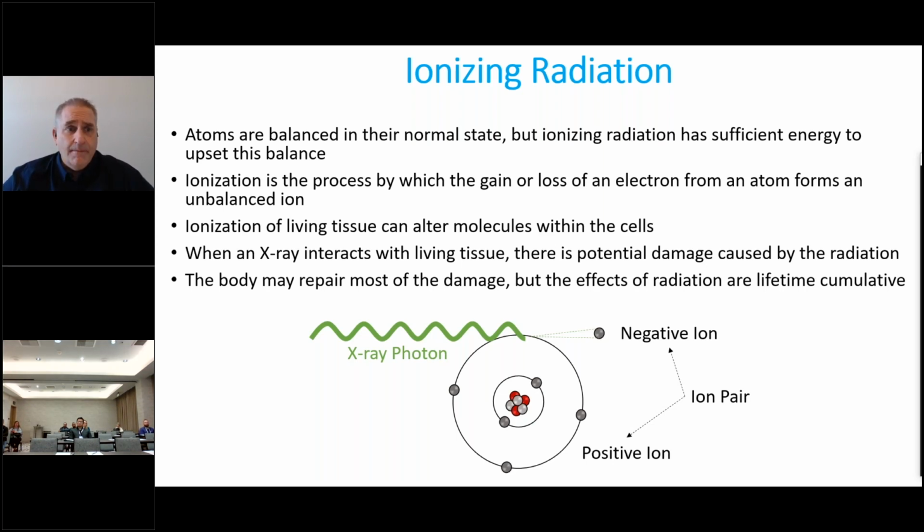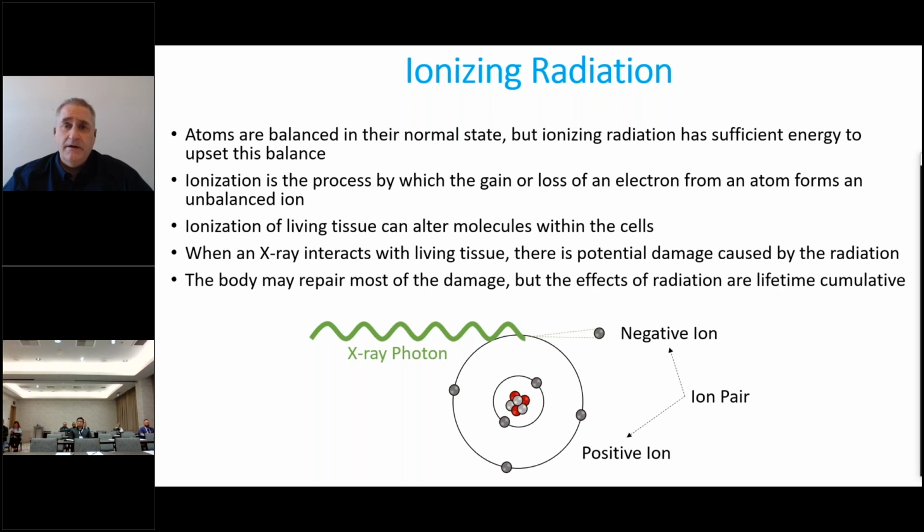And if we talk about it in the sense of what the picture shows, we have an X-ray photon. When we produce X-ray radiation, we have these particles called photons. The photon itself is not radioactive. What causes the radioactivity is the energy that that photon has.